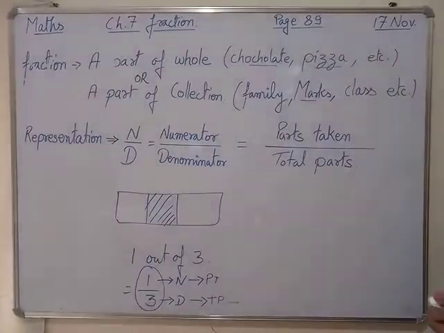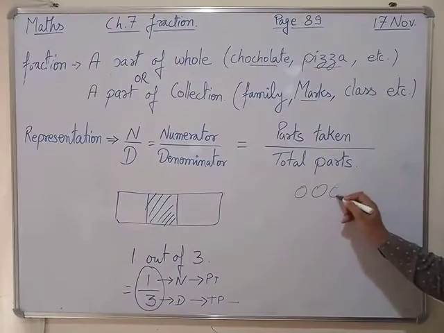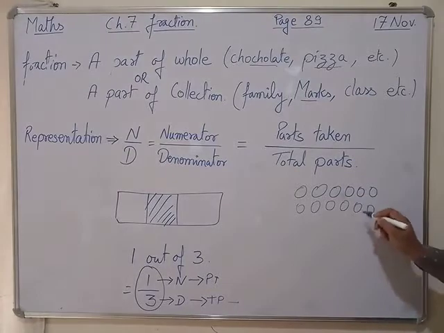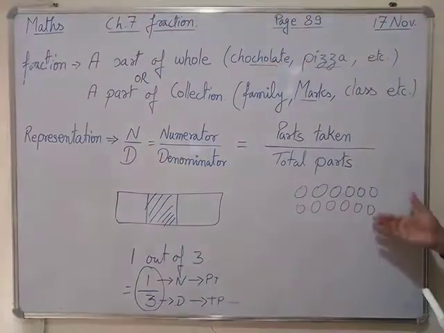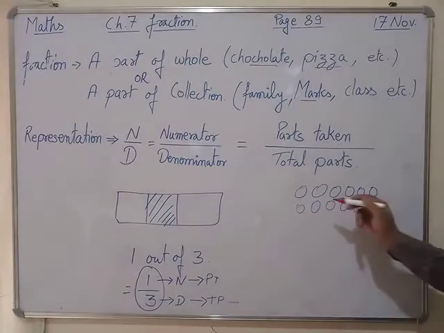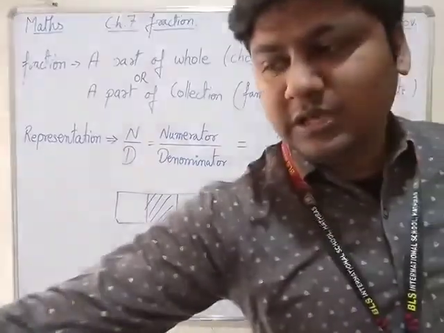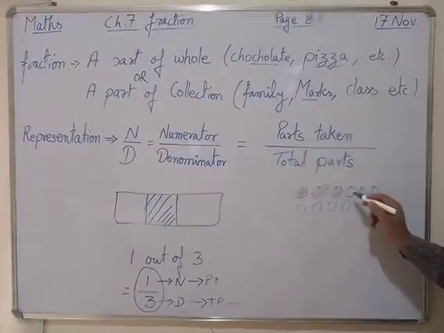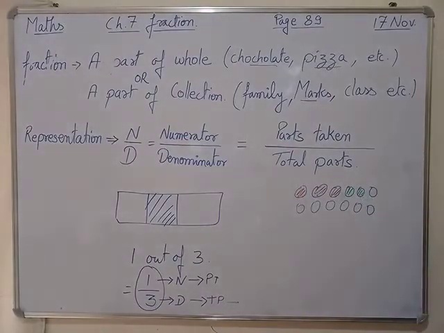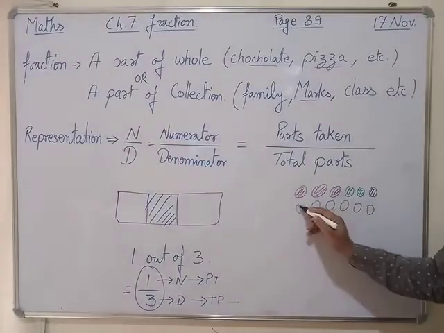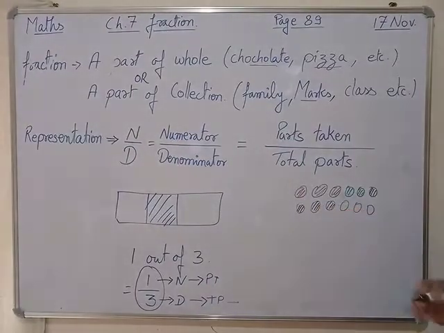If you have to take a part from a collection, like you have 12 balls, a collection of 12 balls, in which 3 balls are red, 2 balls are green, 4 balls are black, and the remaining 3 balls are blue.